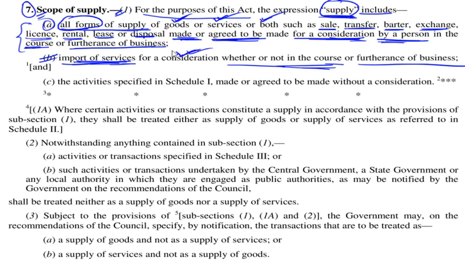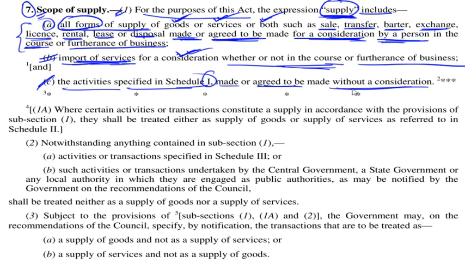Supply includes the activities specified in Schedule 1. So activities specified in Schedule 1 shall be treated as supply. Activities made or agreed to be made, there is agreement, without any consideration.